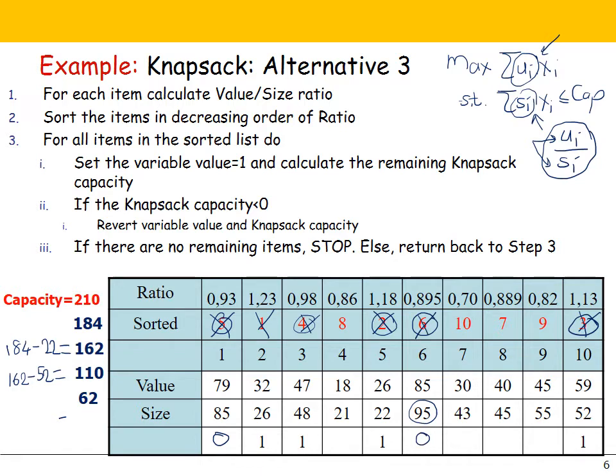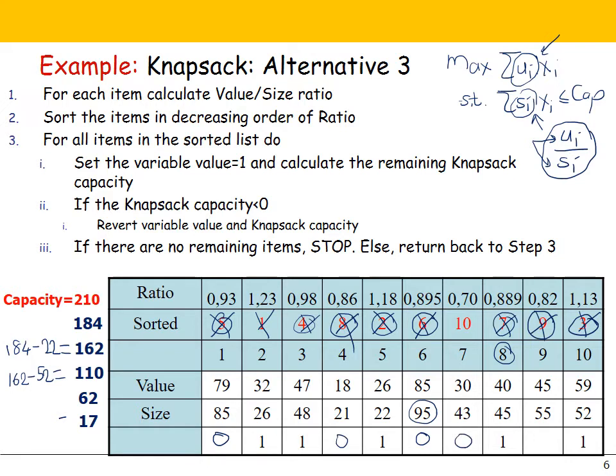It's also 0. For item 7, we come to the next item, which is the 8th item. We can make its value equal to 1, and the remaining capacity will be 17, so it's positive, and we can take it. The next one, this 18, has a size of 21, larger than the remaining capacity, so we cannot take it. Next one is 9, and its size is larger, so we cannot take it.